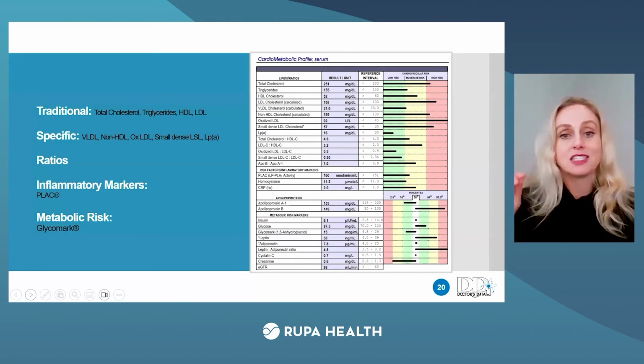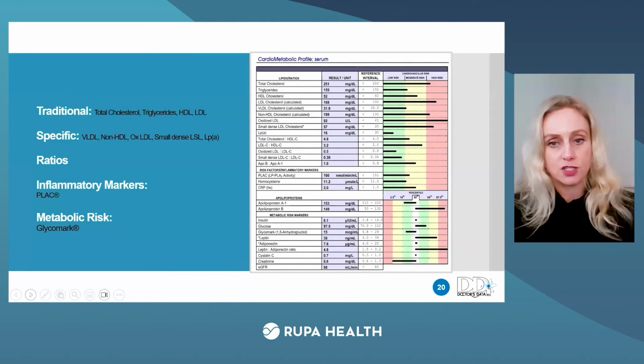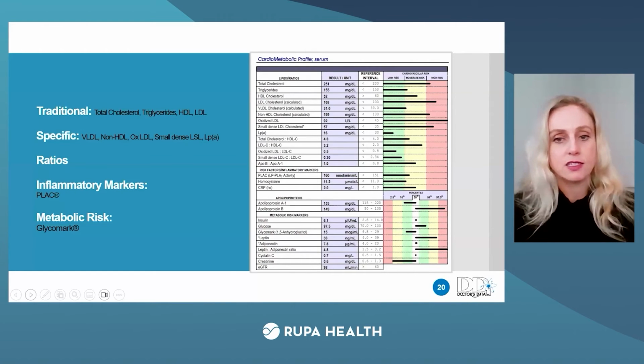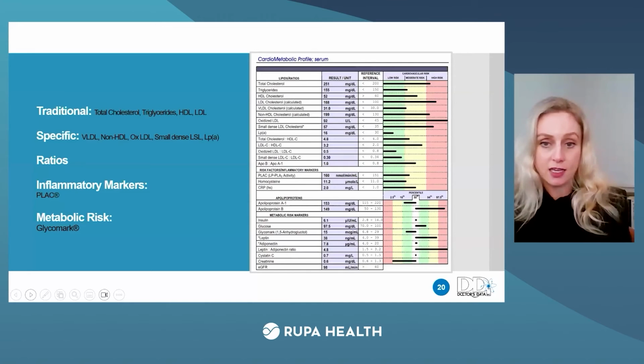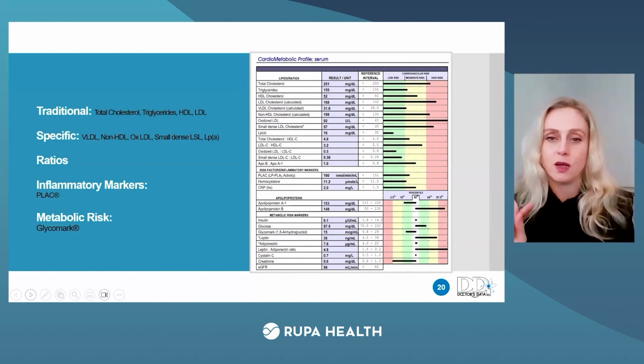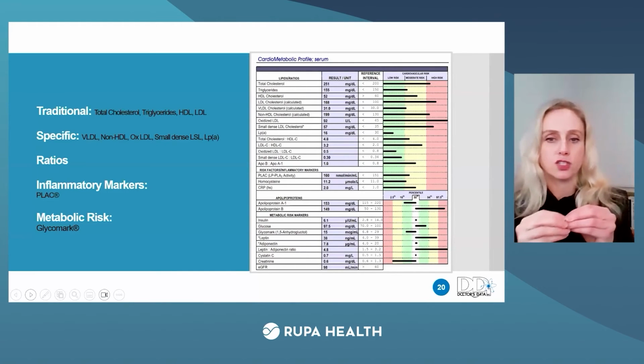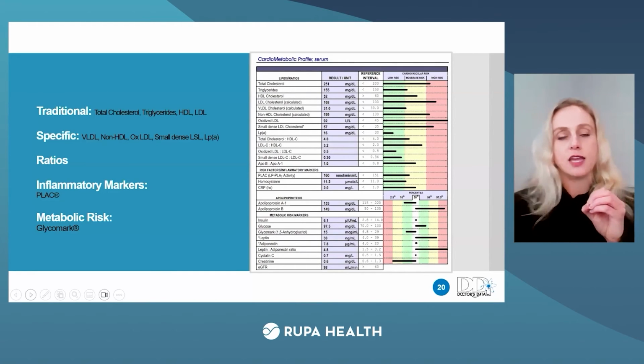And then we have the specific markers. The specific markers are non-HDL cholesterol, oxidized LDL, small dense LDL, and then you have lipoprotein(a), and then you have a section about ratios. Ratios are important because depending on the numbers, you can lose information in the numbers unless you have the ratio. We'll see that in a case. So the ratios are going to be HDL to total cholesterol, LDL to HDL.